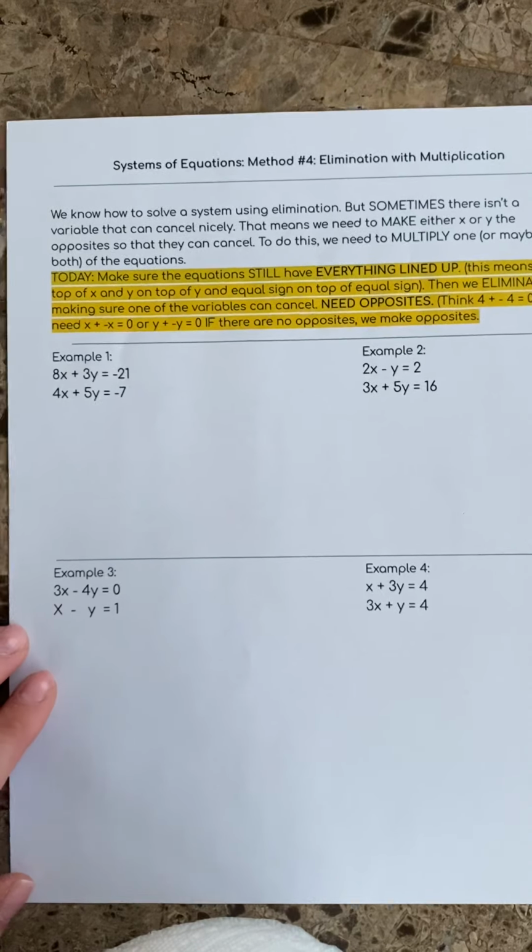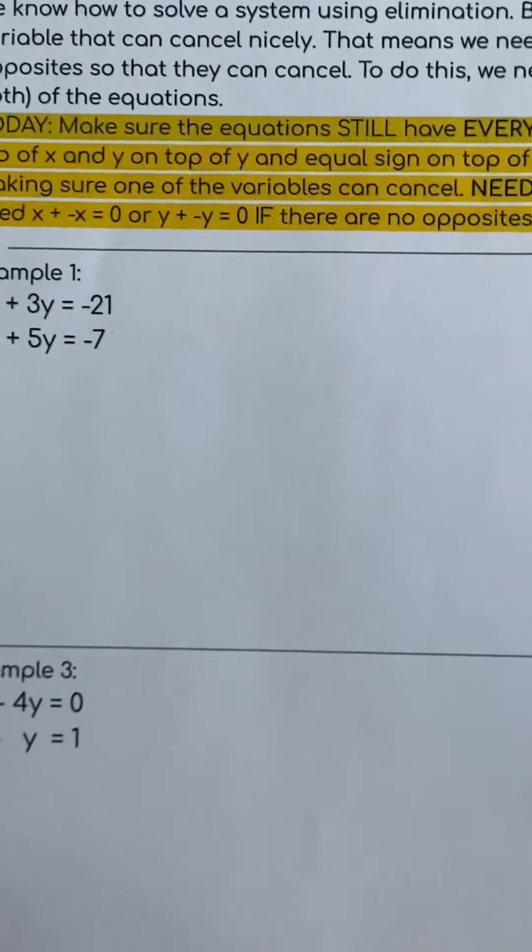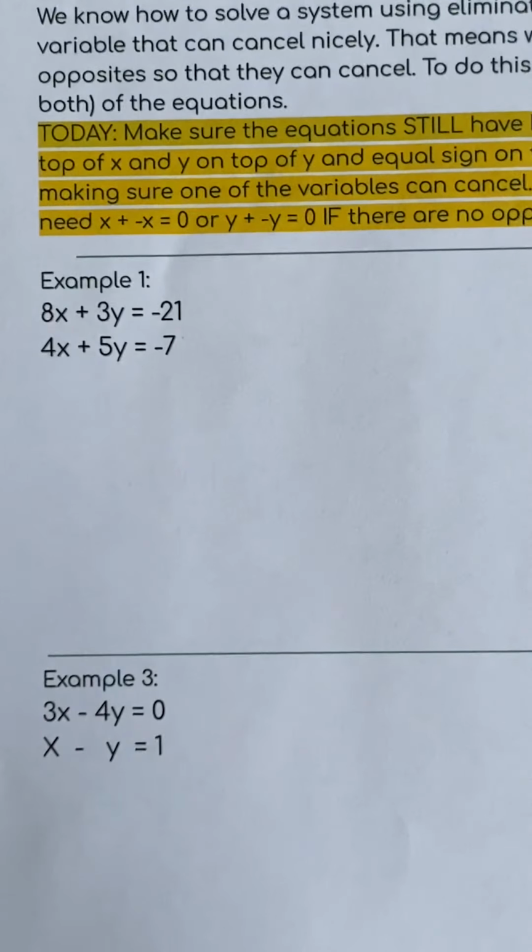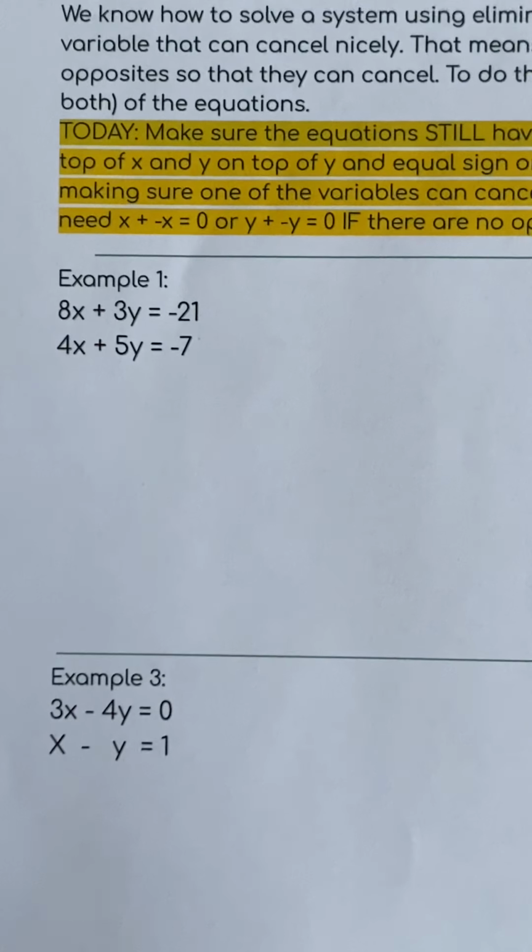So I'm going to zoom in on example 1 over here, and let's talk about what we're going to do. Notice none of my variables are opposites. I don't have opposite signs or the same numbers. So what we need to do is multiply. Can we look at the smaller number to get to the bigger, because that's what multiplication does.